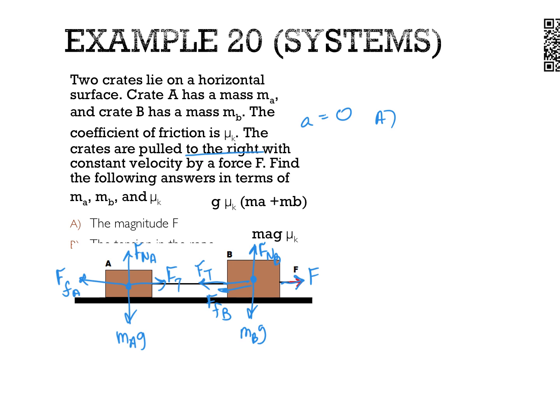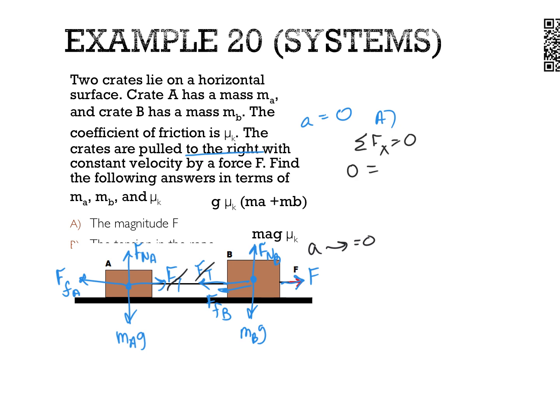Well, what's working on the system and what zeroes out? Well, I can tell you right away what zeroes out is this and this. Those are equal and opposite. Everything else is not. And we know the whole thing is going that way with an acceleration of 0. So, sum of forces in the x direction is going to be 0.